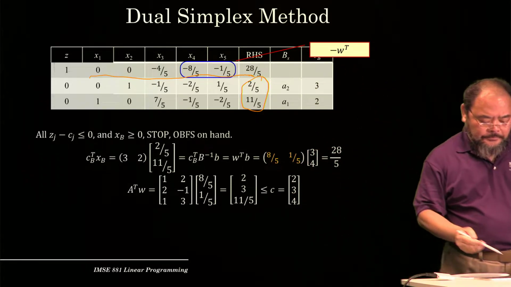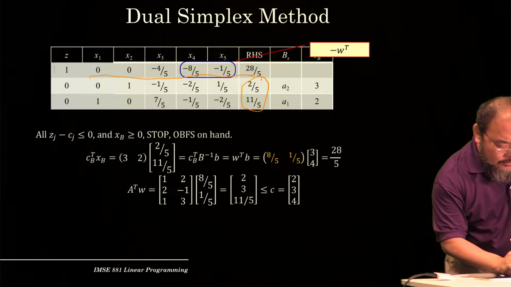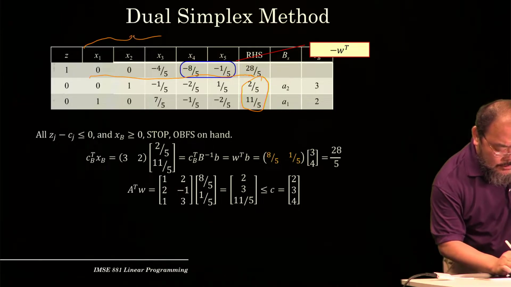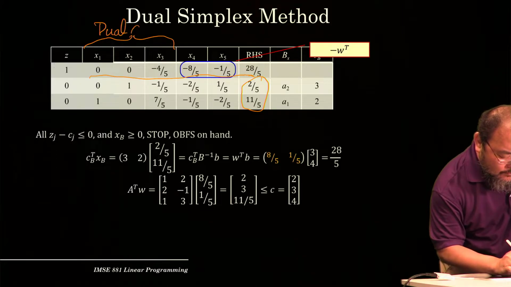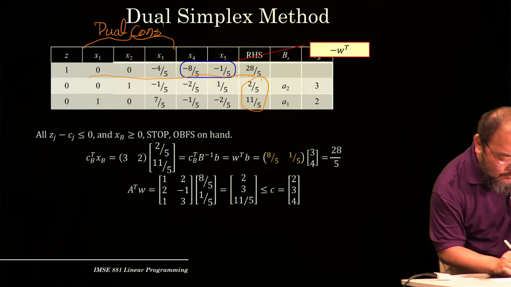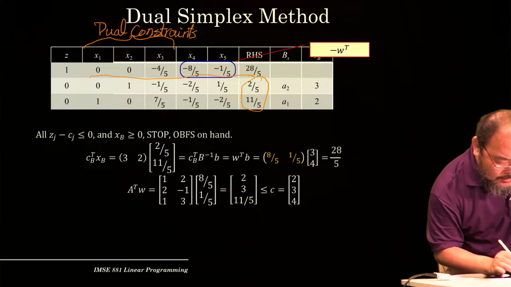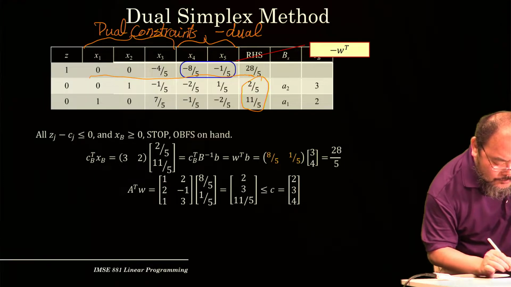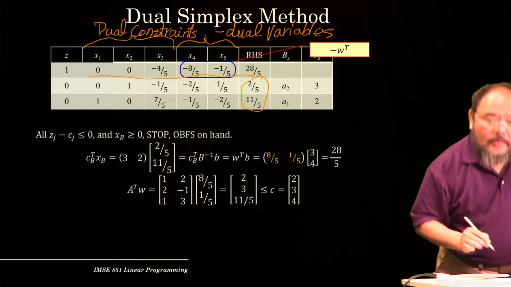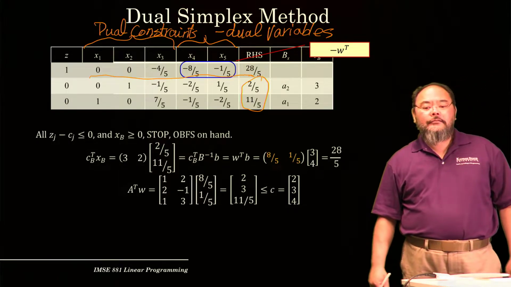So what I have, this part is the dual constraint, and this part is the negative dual variable. Okay, negative dual variable.